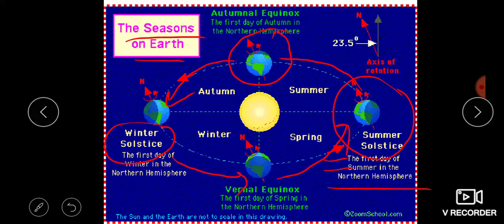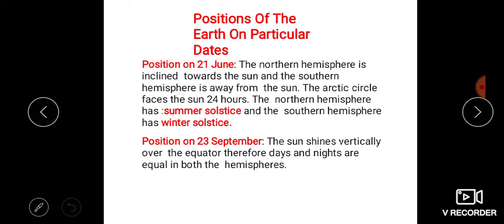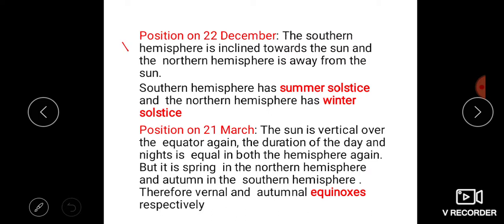So in this way the seasons keep changing throughout the year. Position on 21st June, position on 23rd September, position on 22nd December, position on 21st March, we have discussed.